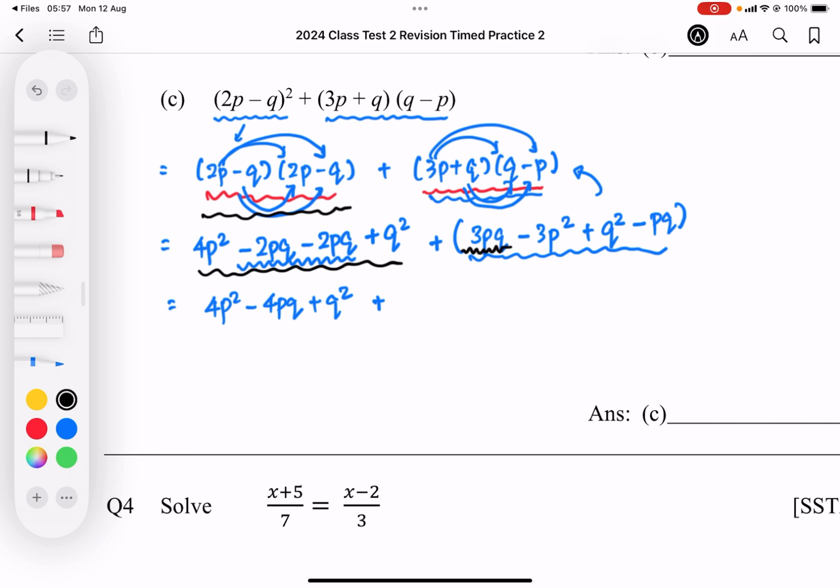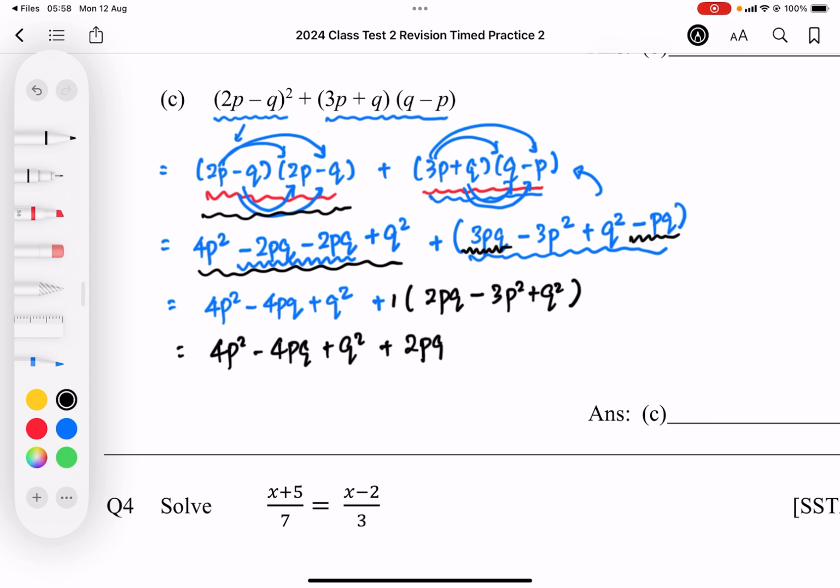Here, I have pq and pq here. So, if we're going to rewrite it first, we get 2pq minus 3p squared plus q squared. 4p squared minus 4pq plus q squared. Now, because it's just positive 1 times all the terms, we can just write it as it is.